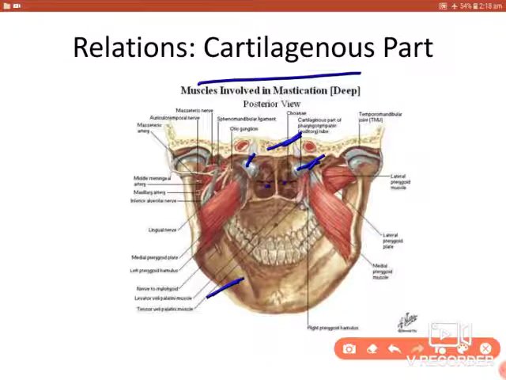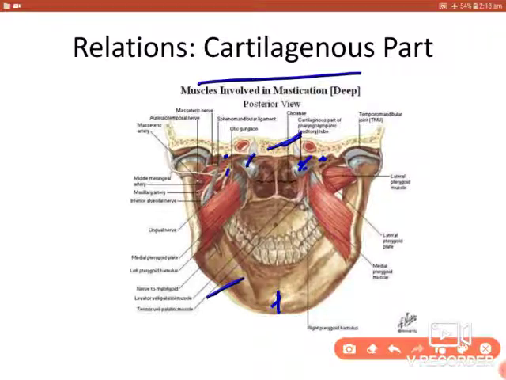This is the posterior nasal aperture or choana. So the anterolateral relation of this cartilaginous part, in this posterior view, is the spine of the sphenoid. See, this is the spine of the sphenoid.